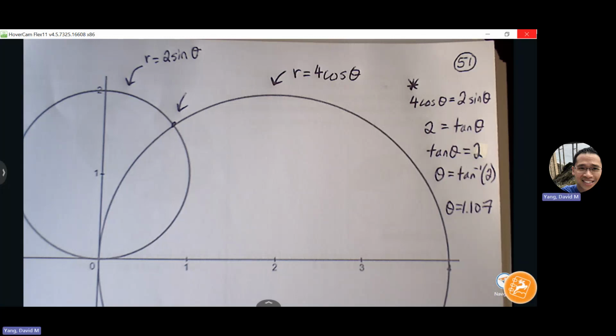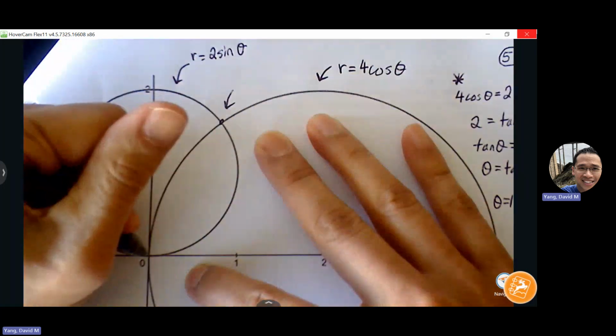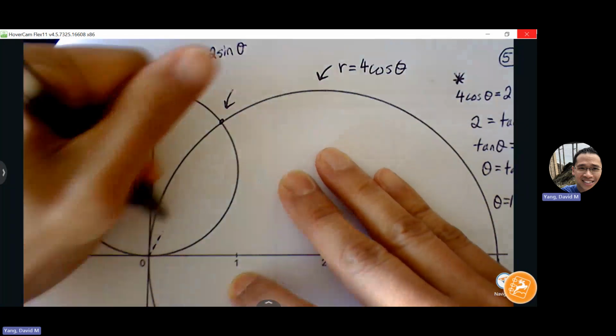Okay, I'm going to use a different color pen just to help us see things from this perspective here. So there is a break at that intersection.